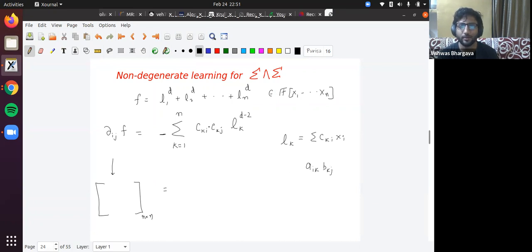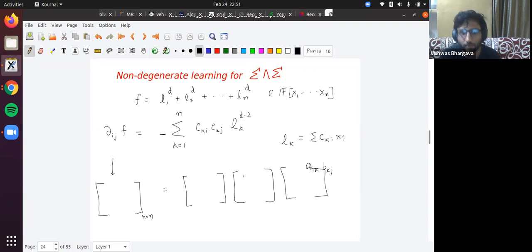Here it's together, but we can do a transpose to make it in this form. Essentially, if you stare at it long enough, you'll realize that there is a decomposition of this in the following form. So this matrix decomposes like this.